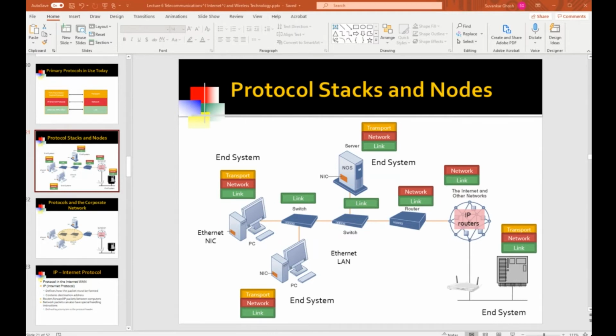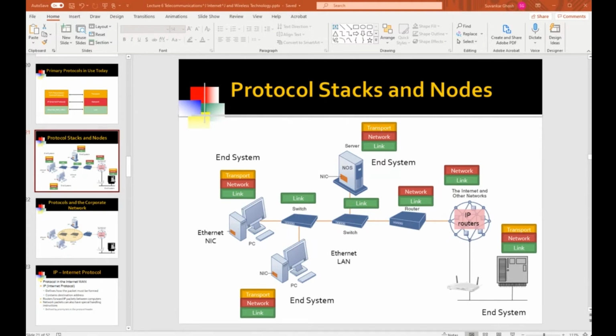Now, when the packet has traversed the internet cloud and it has entered the customer premises, it has entered the router, the packet is now in the building, then it doesn't really need an IP address to steer it to the end system, because now it's in a local area network.